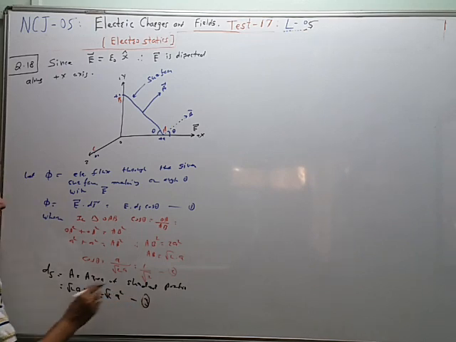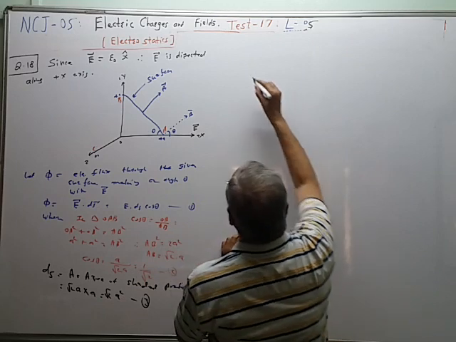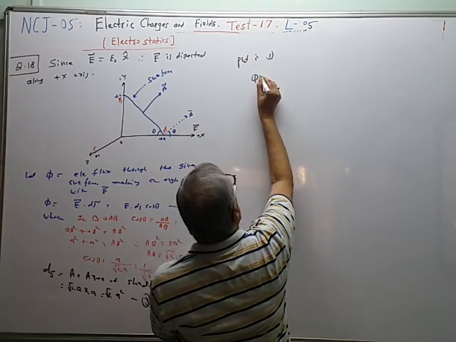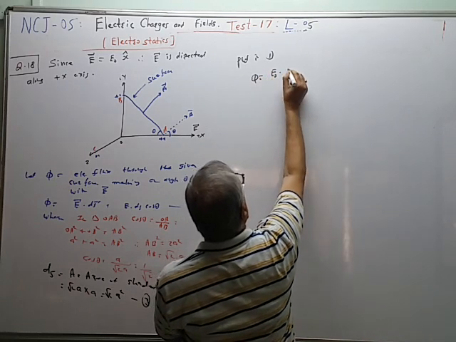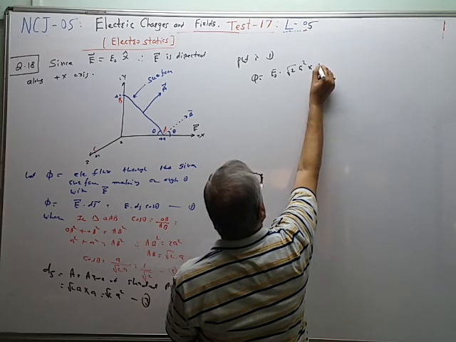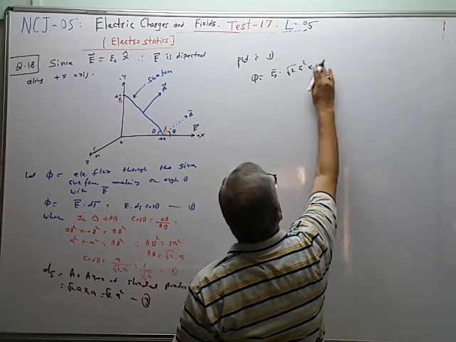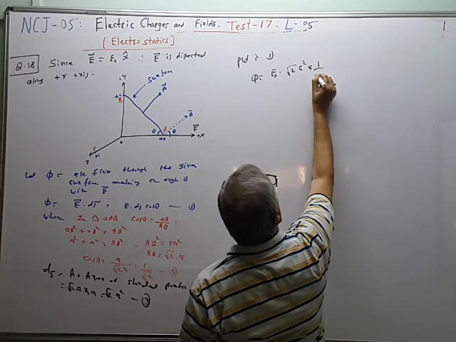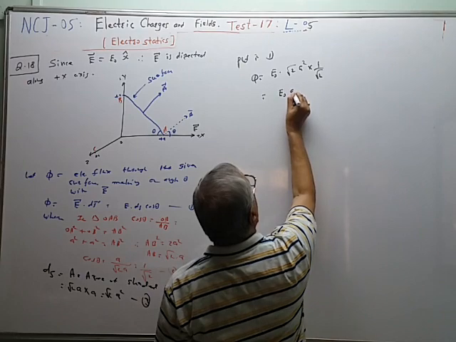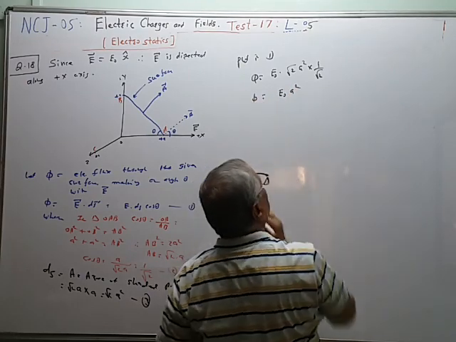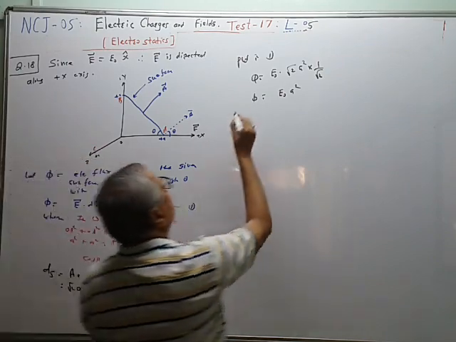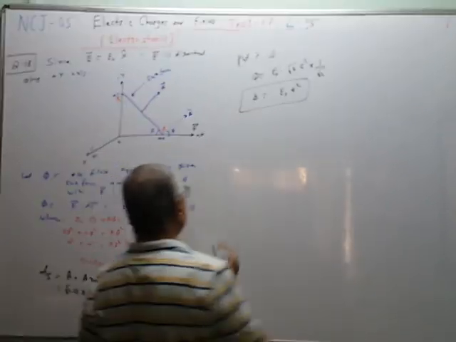This is equation 3. So put in 1. So phi is equal to E0 into root 2 A square multiplied by 1 upon root 2. So root 2 gets cancelled. So electric flux passing through the area is equal to E0 A square. So this is the correct answer.